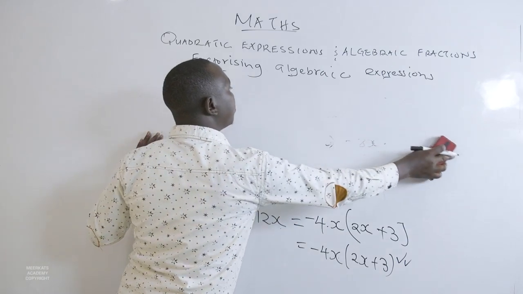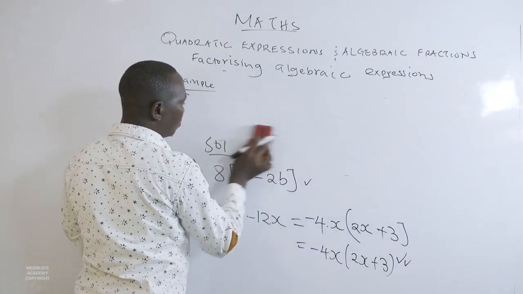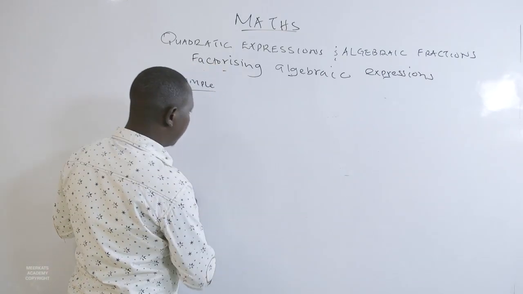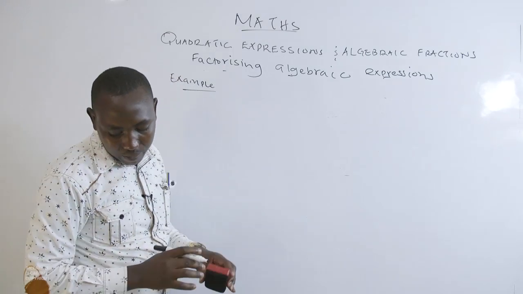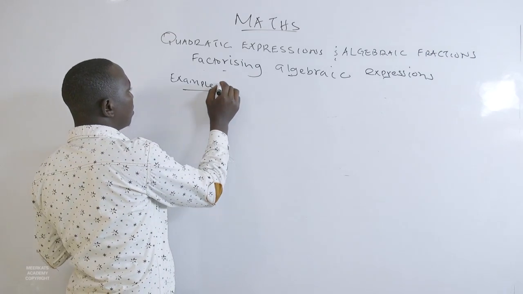Example 3. We now want to see when we have a binomial factor. Factorize the following.